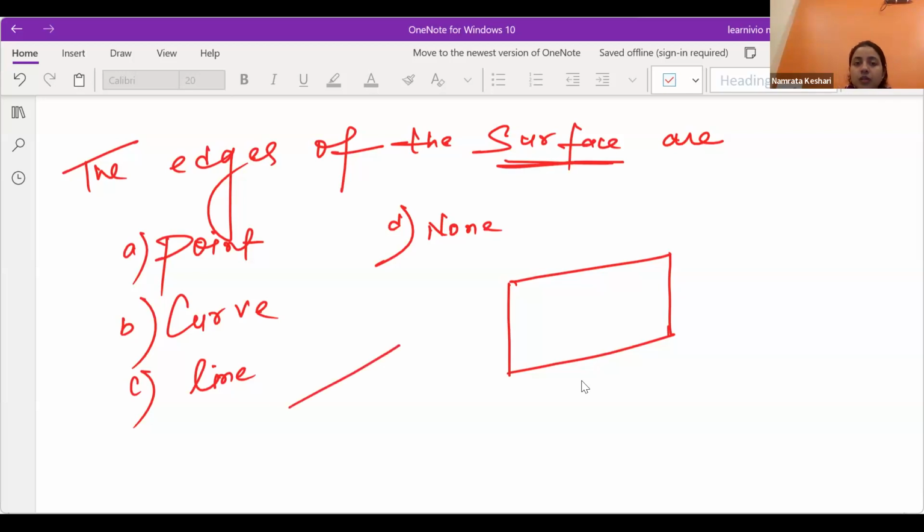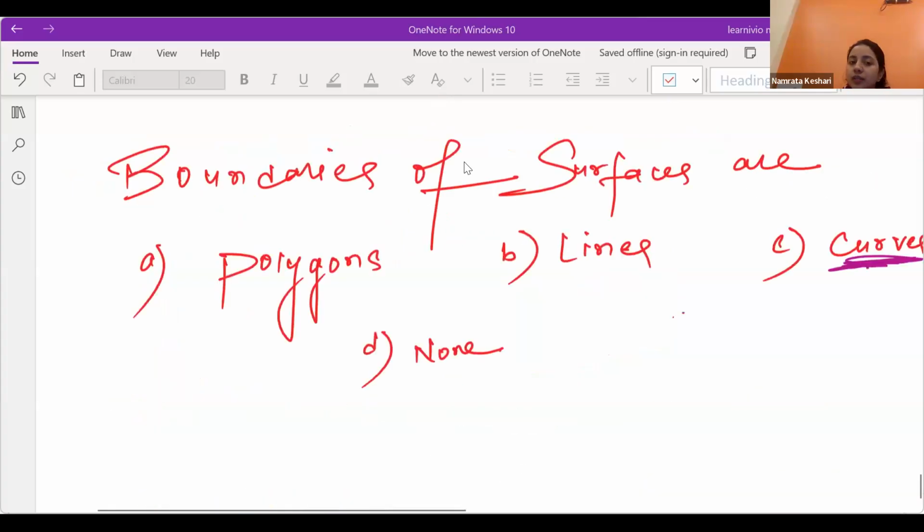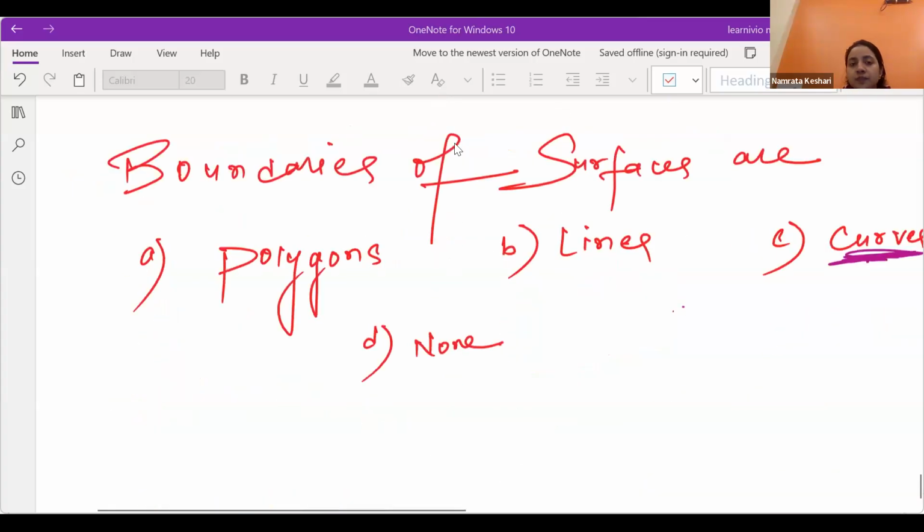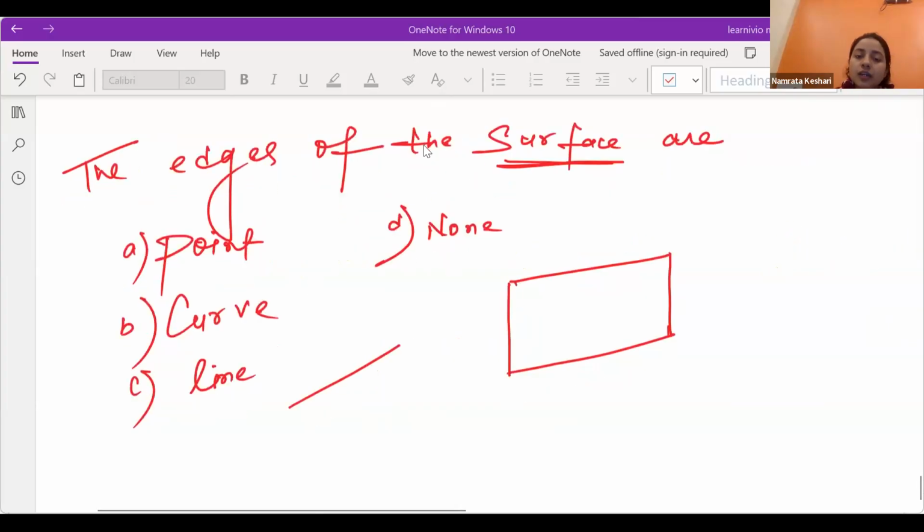So the boundary of a surface, we are calling it a curve. Boundary means we are thinking about the total boundary, or that a straight line also falls in the category of curve. And here, for the edge of the surface, we are just taking the definition as it is.